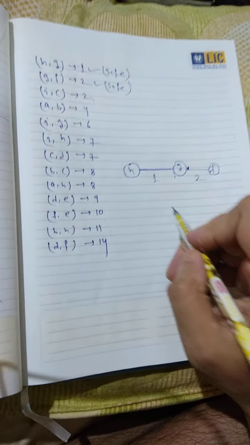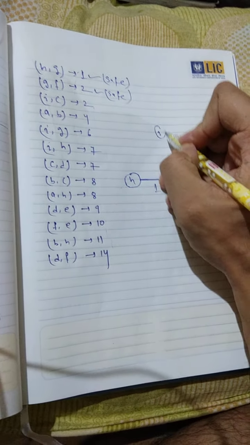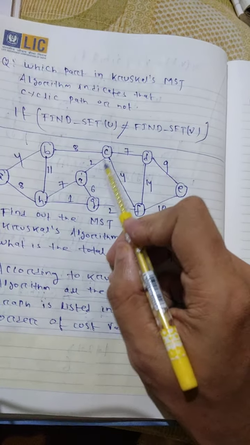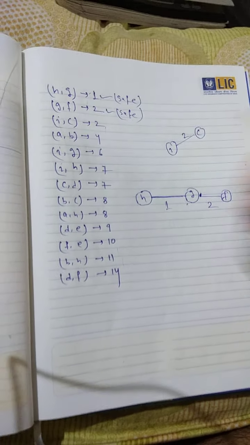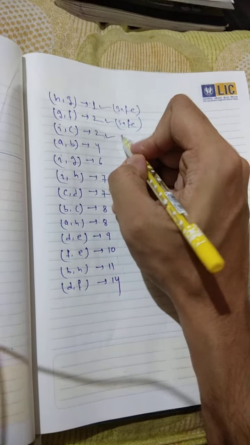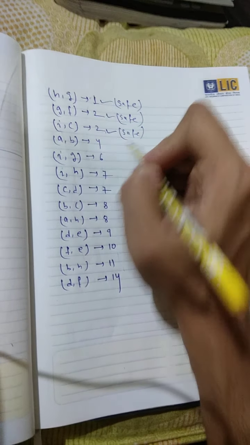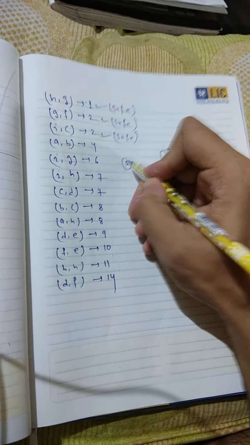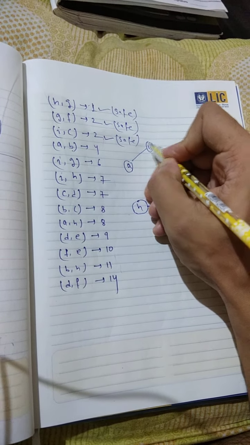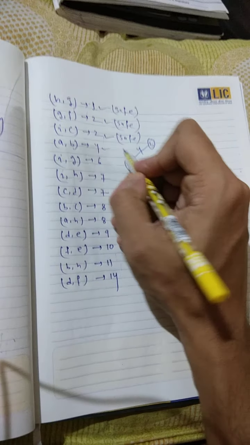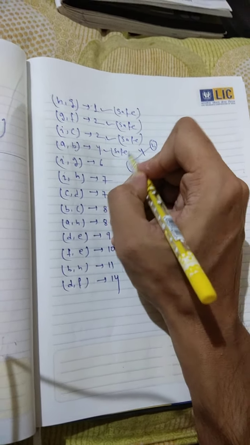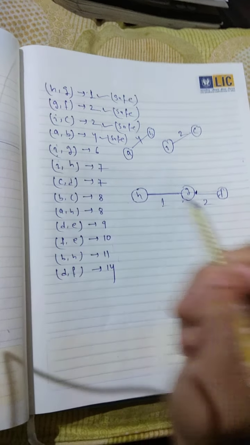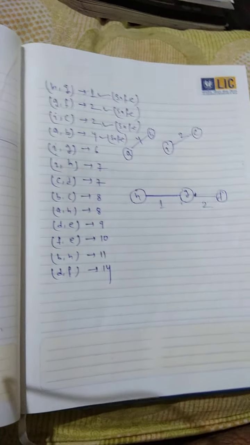Similarly I and C, suppose this is I and this is C. Considering IC with cost 2, this is also safe. Next is AB, where A is here and B is here, cost is 4, which is also safe.